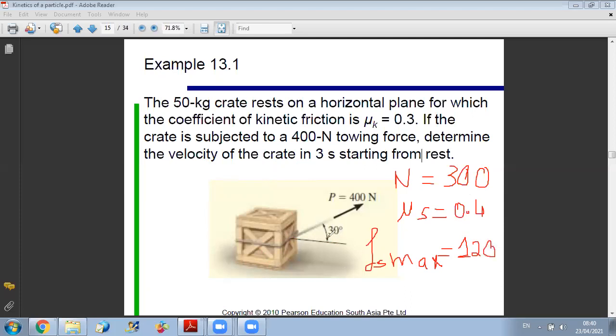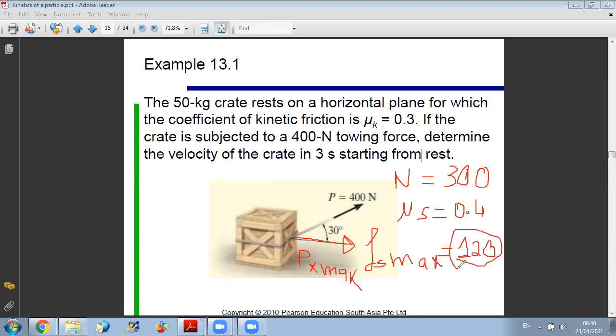Now, in order to not move the crate, I should not exceed a friction of 120. This means that Px maximum, if I want to have static equilibrium, that can be applied before motion is 120.